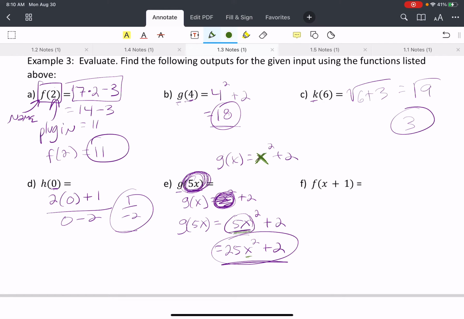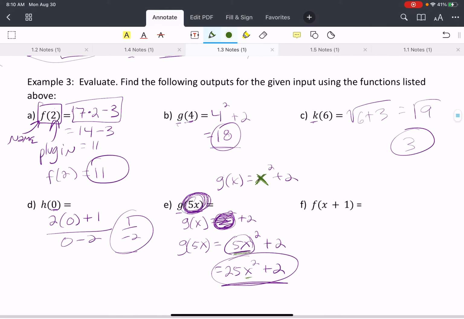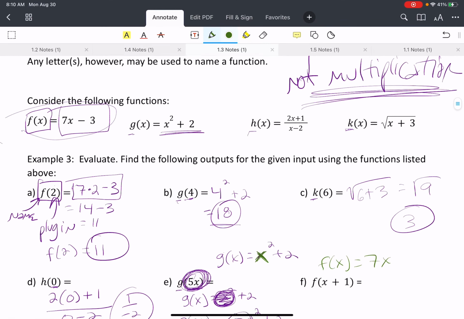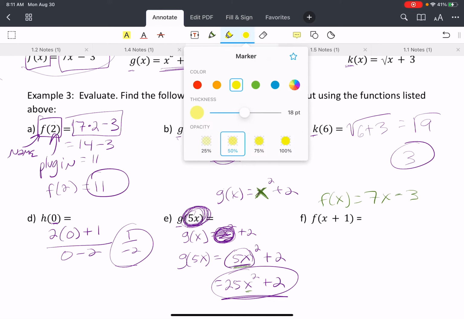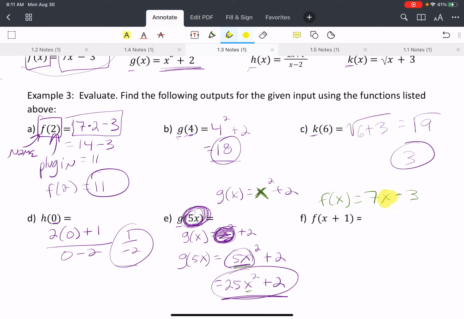Okay. So now let's go and we find f. So regular f of x was 7x minus 3. So what I want to do is I want to take just where the x is for f of x plus 1.